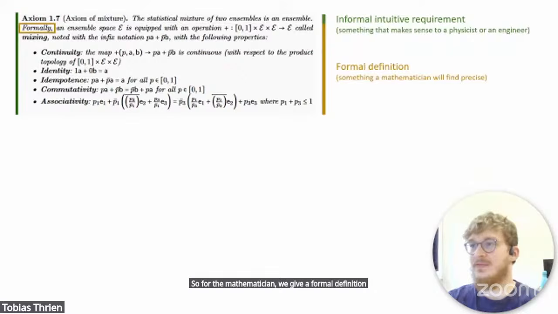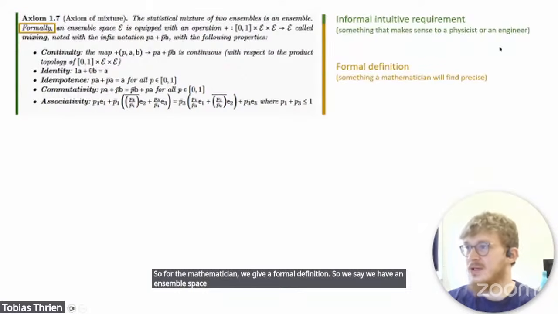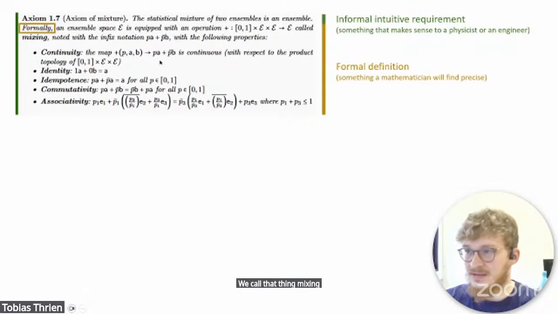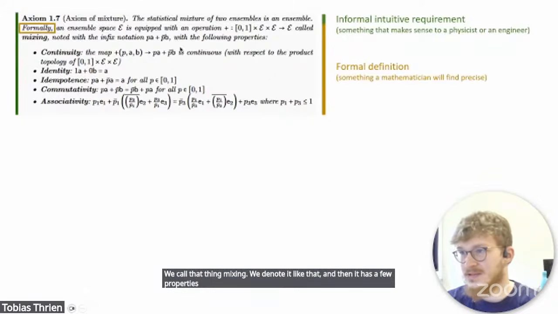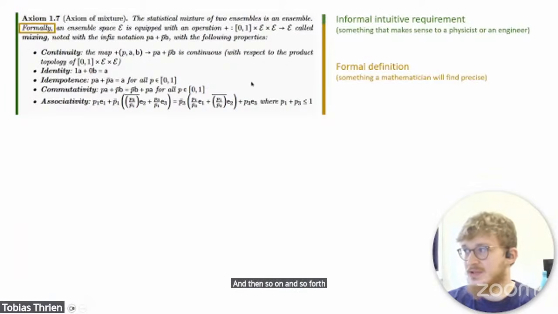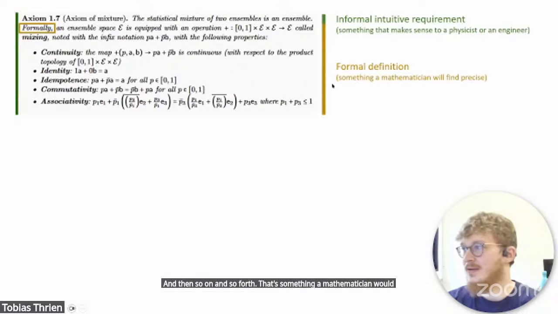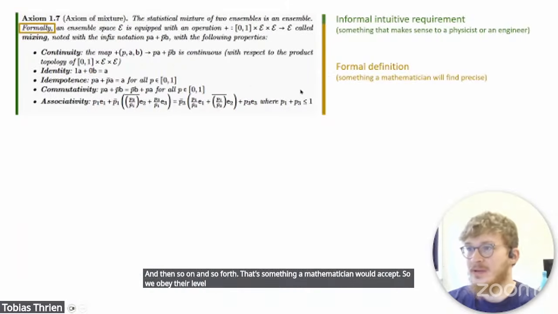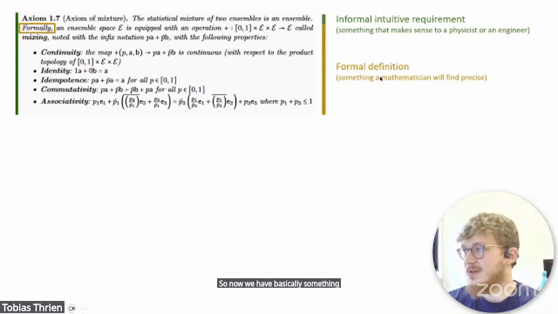So we say we have an ensemble space. It has an operation that takes a number between 0 and 1 and two ensembles, and gives me one ensemble. We call that thing mixing, and we denote it like that. And then it has a few properties. It's continuous, and so on and so forth. That's something a mathematician would accept, so we obey their level of rigor. So now we have something that makes sense to a physicist, and something that makes sense to a mathematician.